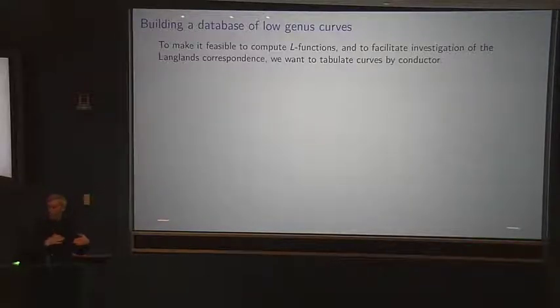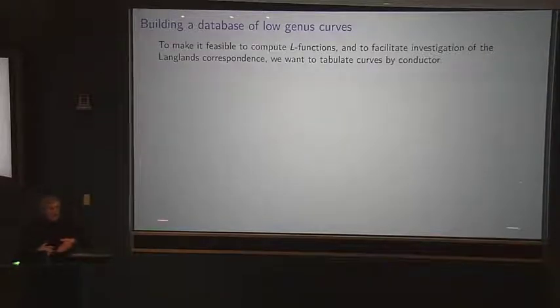We all believe it's true. Collecting the evidence allows you to refine the correspondence in ways that make it more likely that you'll be able to prove it. So for example, it's one thing to say that every elliptic curve is modular. It's a much more precise statement to say exactly what type of modular form you need to use. It should be a weight 2 form with rational coefficients, and the level of the modular form should match the conductor of the elliptic curve on the nose.